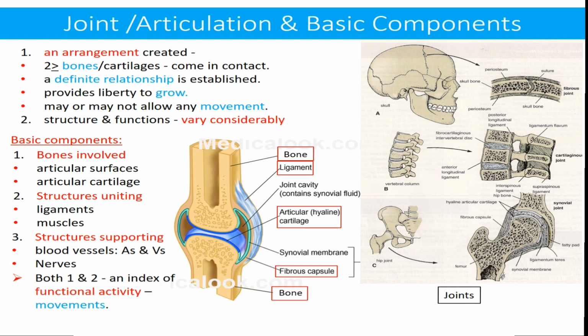Both bones and structures uniting them are the index of functional activity of that very joint, that is what and up to what extent the movements can take place at that joint. Fourth component, which may or may not be present, is the joint cavity, which is lined with synovial membrane having fluid.